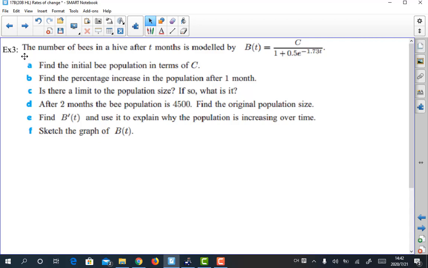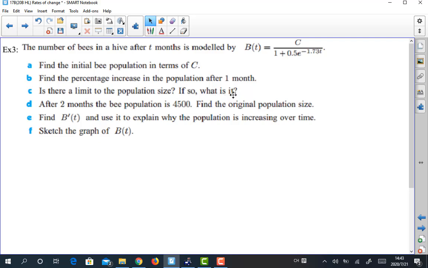Let's look at this example. The number of bees in a hive after T months is modeled by this function. Find the initial bee population in terms of C. Find the percentage increase in the population after 1 month. Is there a limit to the population size?